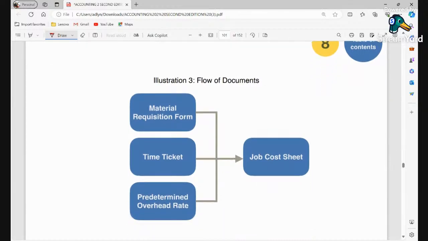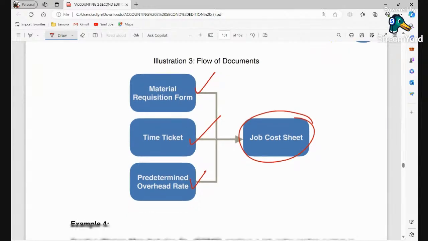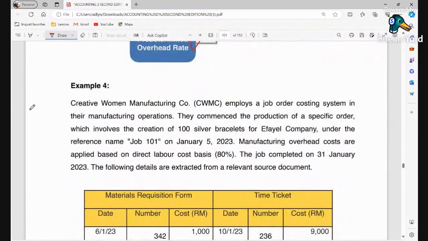Nak sediakan job cost sheet, you kena ada information daripada material requisition form, your time ticket for your direct labor, and then kena ada POR sebab kita nak kira dia punya applied manufacturing overhead. Okay, we look at example 4. Alright, Creative Woman manufacturing company employs a job order costing system in their manufacturing operation.